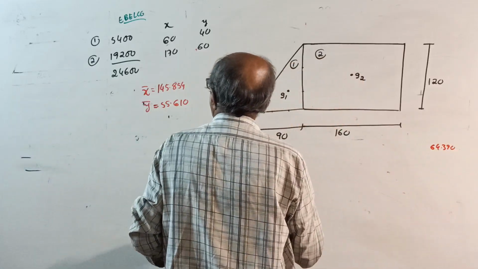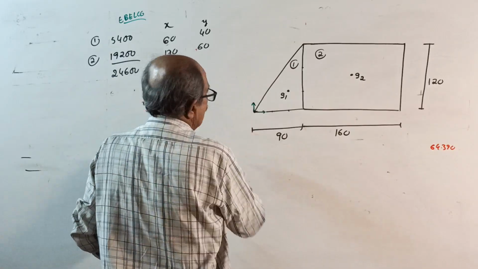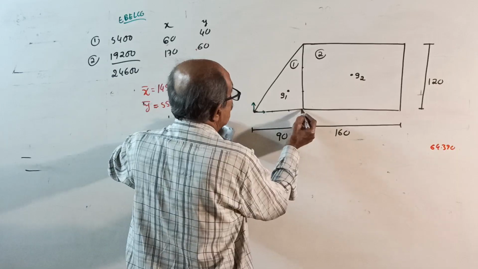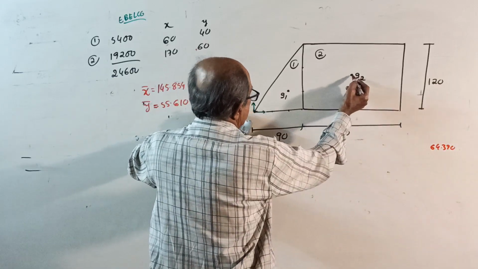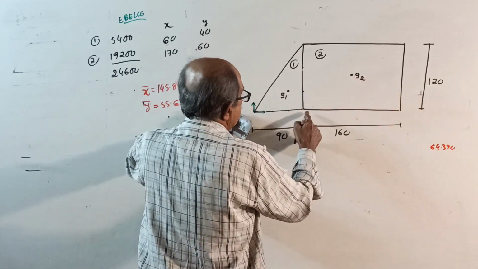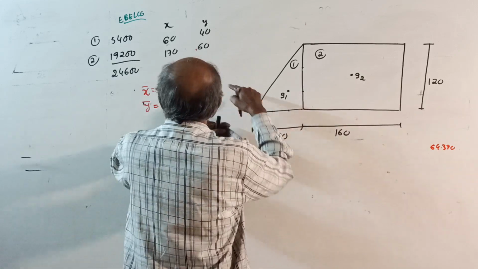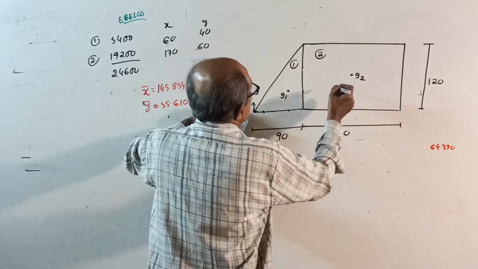X bar is 145.850. It will cross 90. It won't come up to here because from here to here is 80, and 80 plus 90 is 170. We got 145, somewhere here.